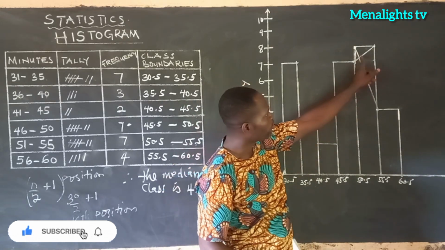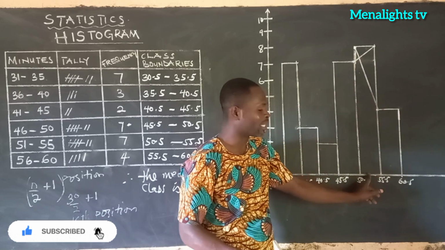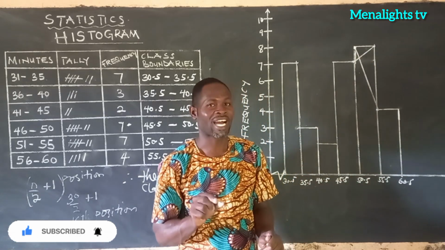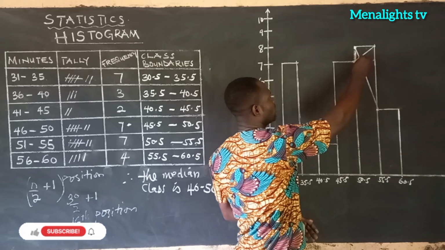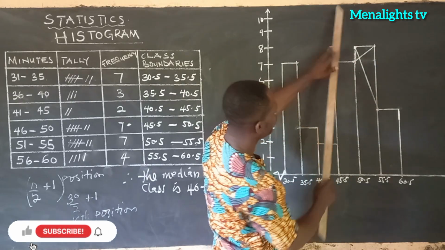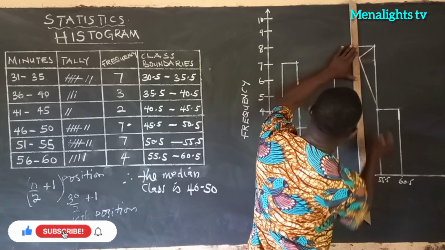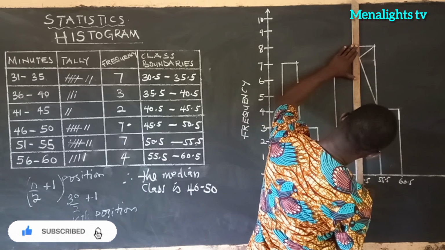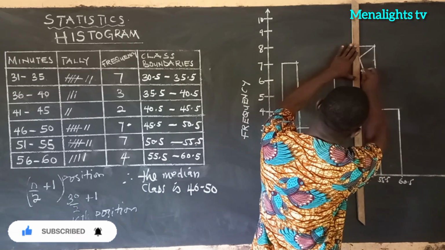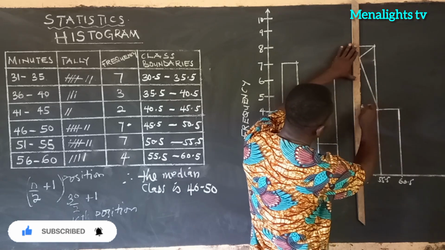After locating it, you trace it down to locate the actual mode, and draw from the top to the bottom with short dashed lines.